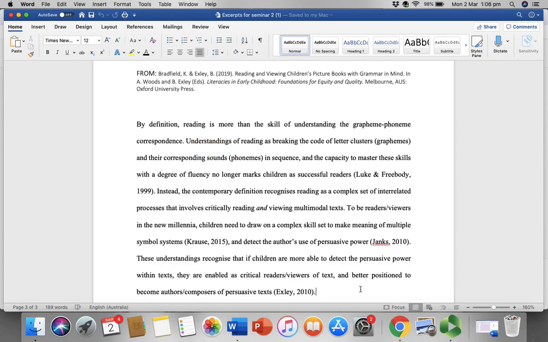Now, what you might like to do is to pause the video here and have a look at each sentence that's in this paragraph and see how it is relating back to the main idea of defining reading in a modern sense, in a contemporary sense, and see what it does.